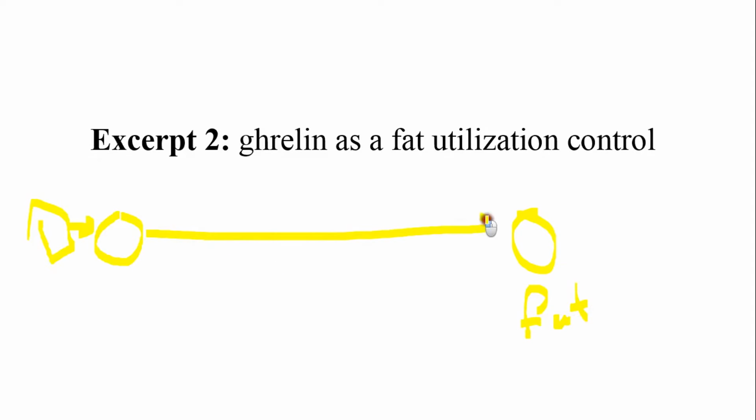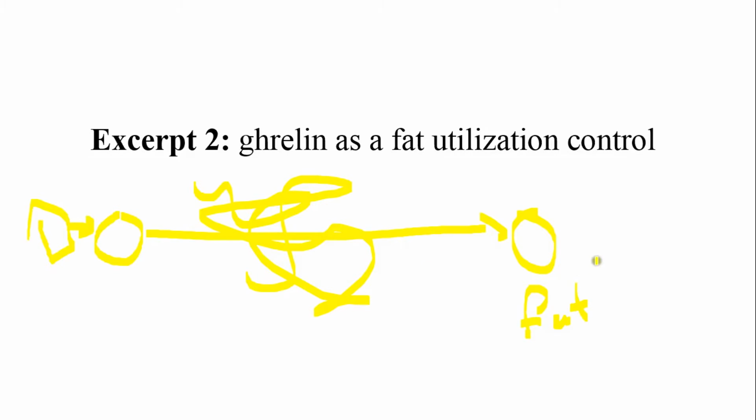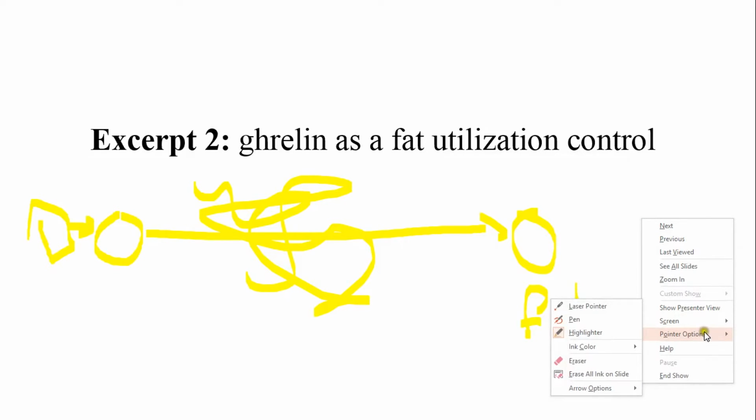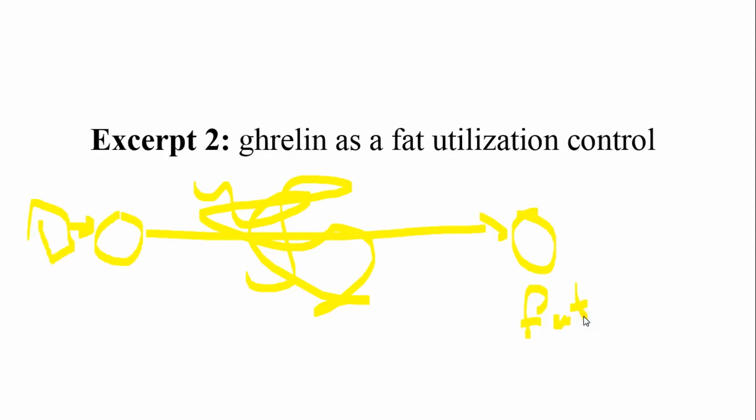So you have this kind of connection, and something happens in the middle, such as metabolism, all these things that could happen in your body during this process. So basically, you are saying that the stomach, by ghrelin, can influence your accumulation of fat.